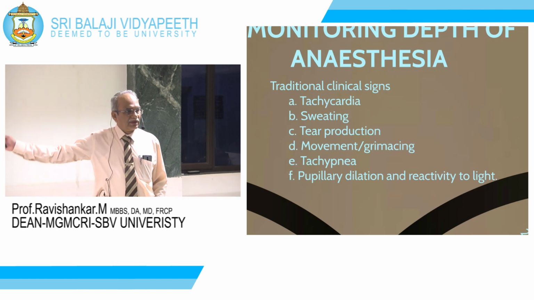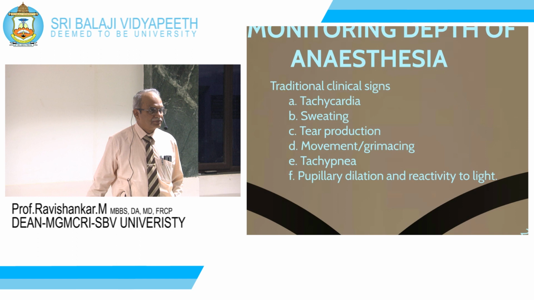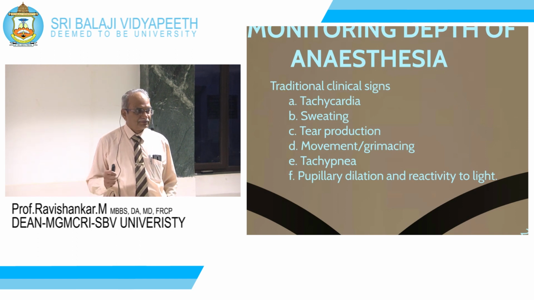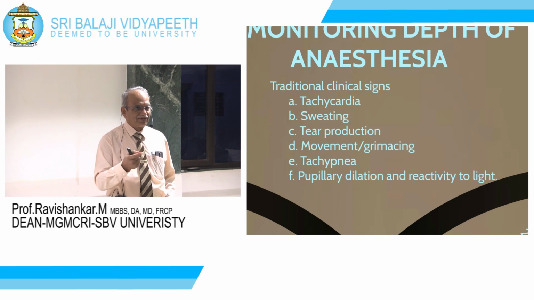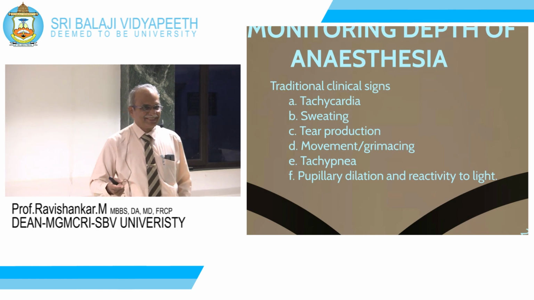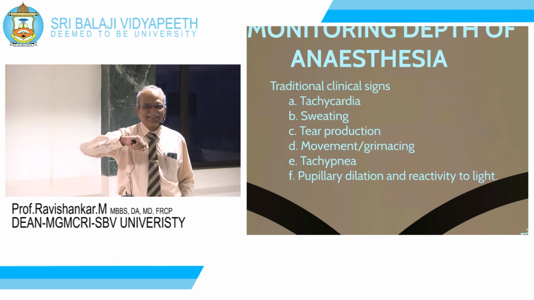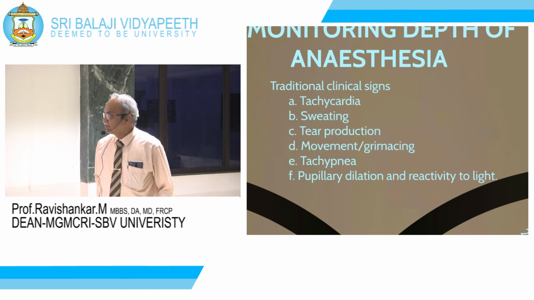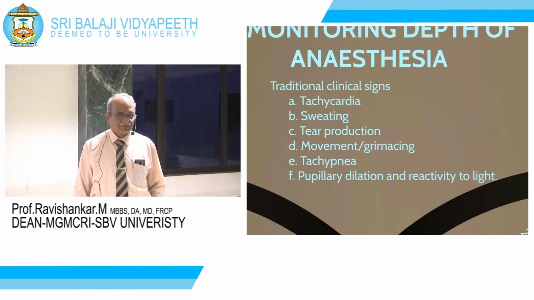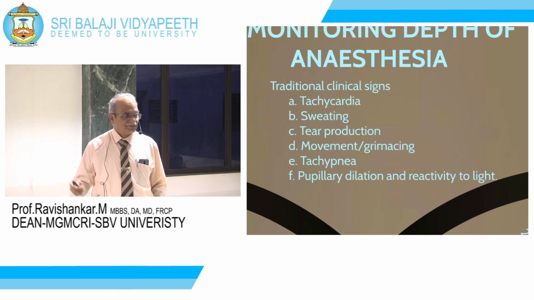How many of you have at any time during anesthesia checked for any of this? You checked? What did you check for? Tachycardia, because it's shown in the monitor. Okay. Then? Tear production.